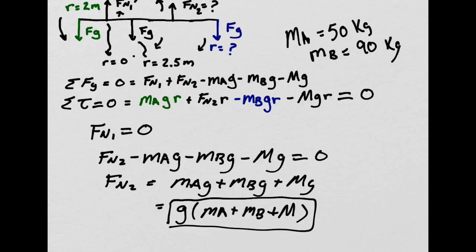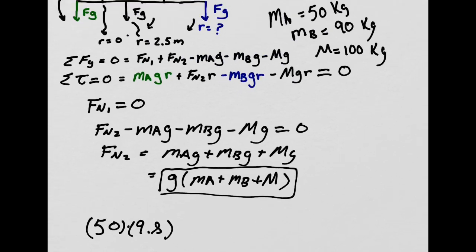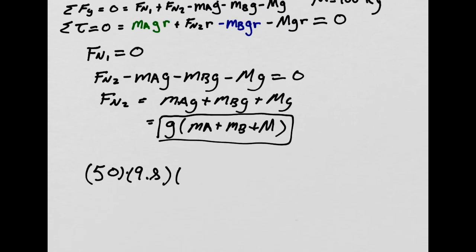And capital M is 100 kilograms. So Ma is 50, g is 9.8, R is 2 meters, and this is all from the green.